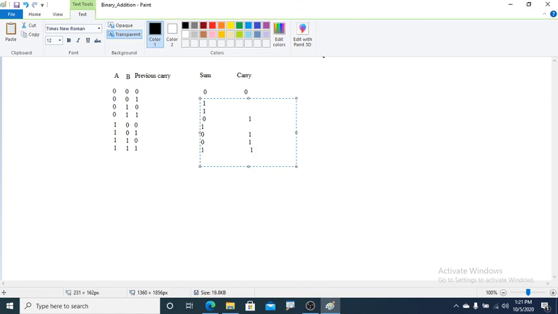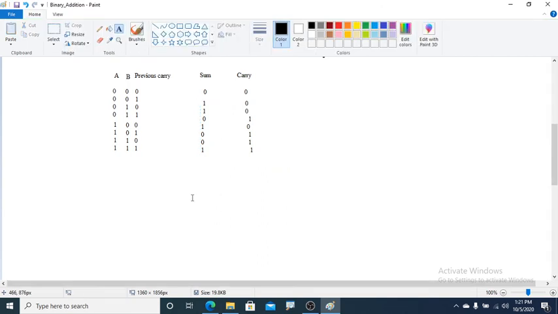Answer is 1 1. Sum is 1, carry 1. So for the remaining rest you can place 0, no problem. Okay, so this is about 3 variables binary addition.